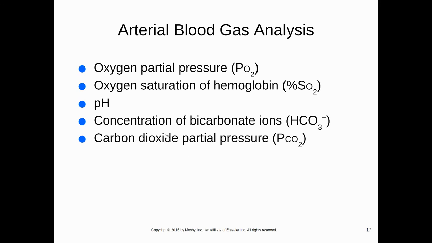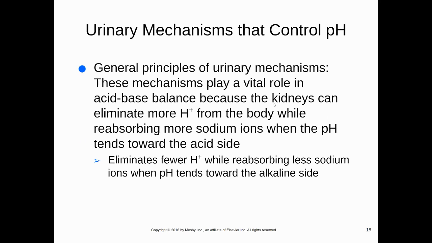So that'll be a thing. Concentration of bicarbonate ions, again, this will influence pH, and oxygen saturation in the hemoglobin. That doesn't really have a whole lot to play in with what we're talking about with pH, but the idea here is that if you have more oxygen, you have more oxygen that can react with our hydrogen ions, and therefore you can get them to form water, and bye-bye they go.